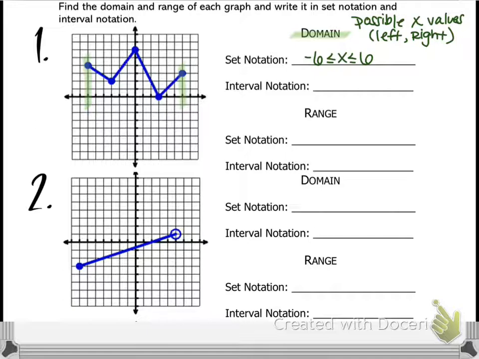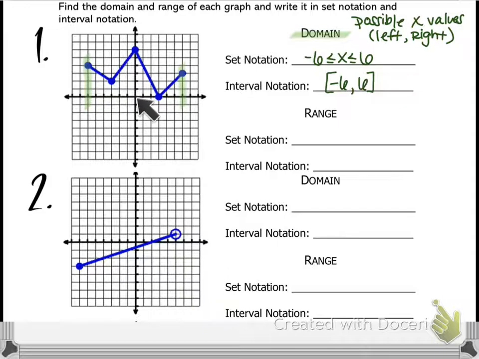So then when I write my interval notation, I can look at this and say, well, I have my set notation already, and we've already practiced this in our notes from the last time. So this is going to be -6 with a bracket, and then to +6 with a bracket. Again, just one more time, we had our leftmost point, which dropped down to -6.